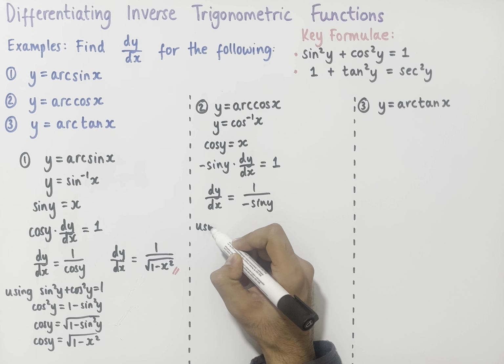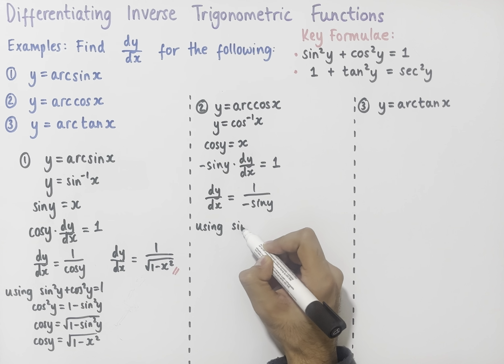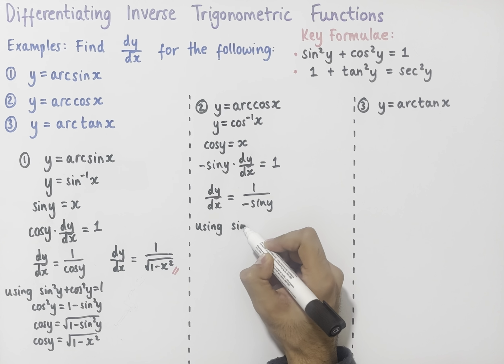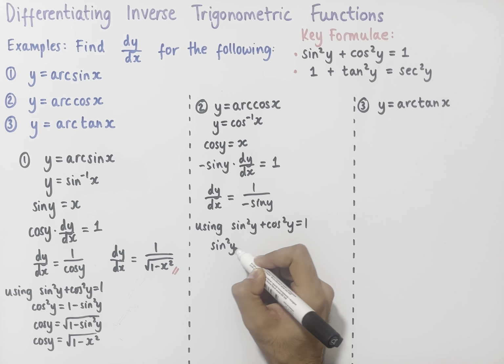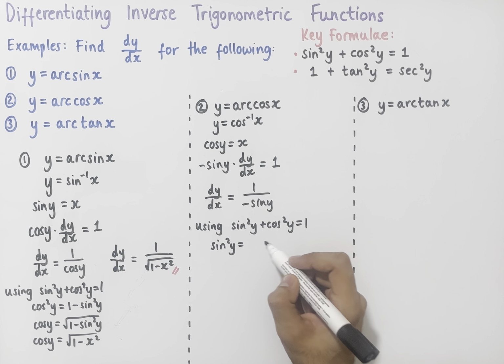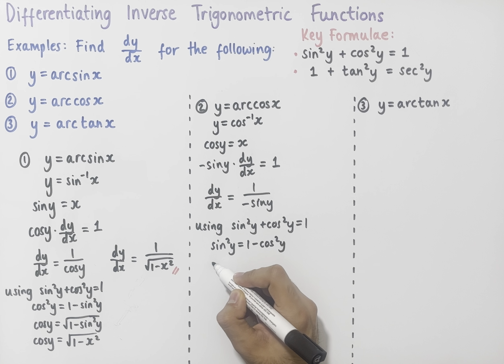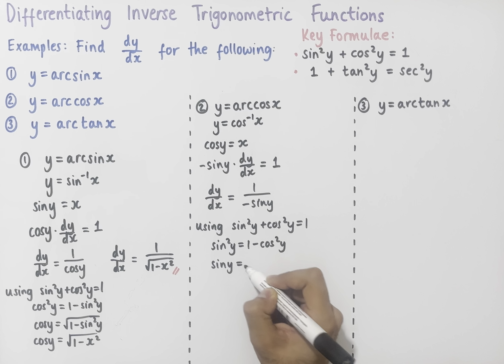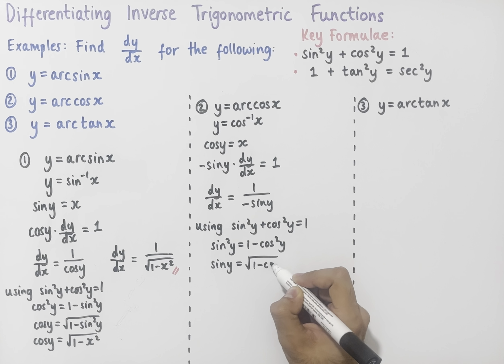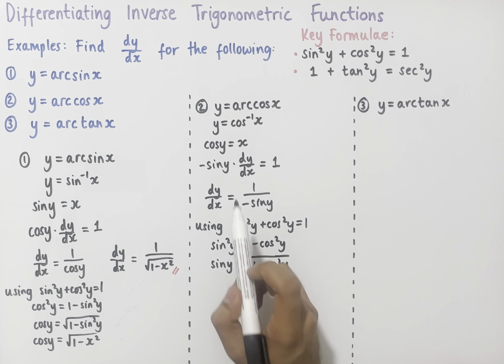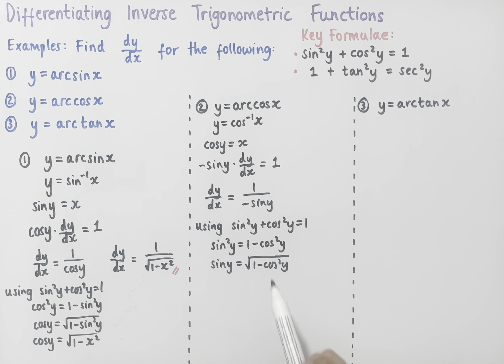Again, using sine squared y plus cos squared y equals 1, we can then make sine y the subject and substitute into the equation for dy over dx. And so doing that, we get the following. Sine squared y equals, if we take away cos squared y from both sides, 1 minus cos squared y. And now square rooting both sides, we get sine y equals the square root of 1 minus cos squared y. And since we know that cos y equals x, then cos squared y must equal x squared.